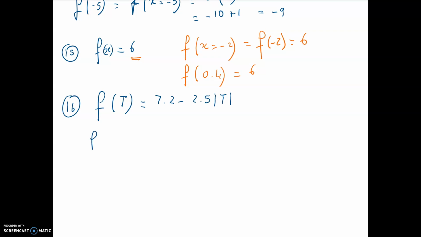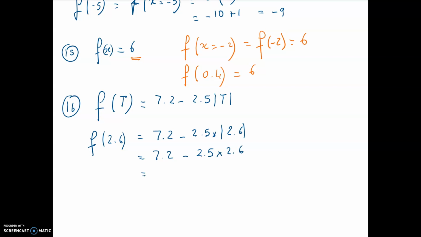So when they're asking me to calculate f of 2.6, basically I'm going to substitute t by 2.6 into the expression of my function, times the absolute value of 2.6, which is 2.6. So I'm getting 7.2 minus 2.5 times 2.6.